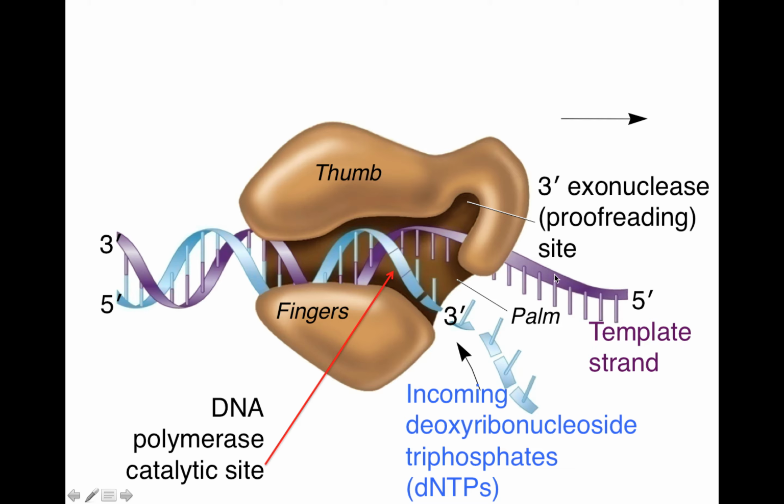So our template is being fed into the DNA polymerase, and the new nucleotides are being added at the catalytic site. The incoming deoxyribonucleoside triphosphates come in here and get added at this point. Notice there is also a 3' exonuclease proofreading site. This is extremely important for the accuracy of the DNA synthesis reaction.